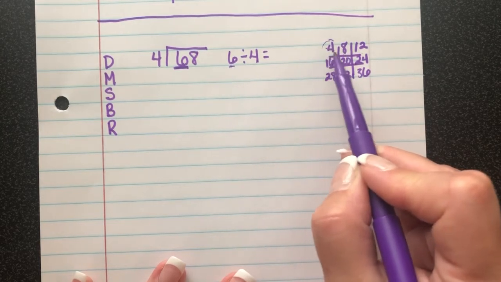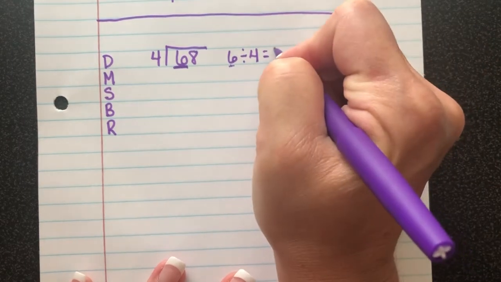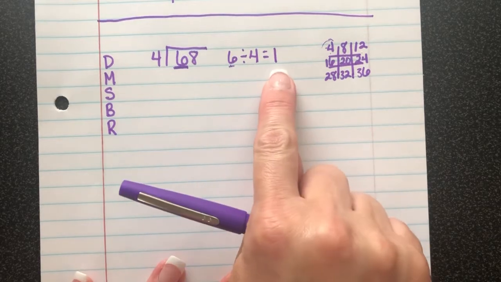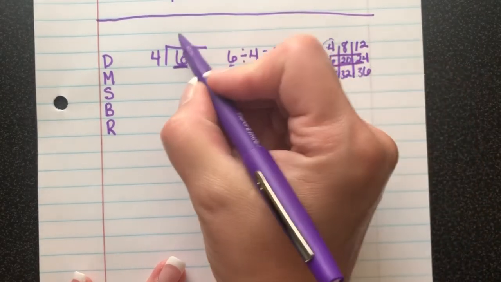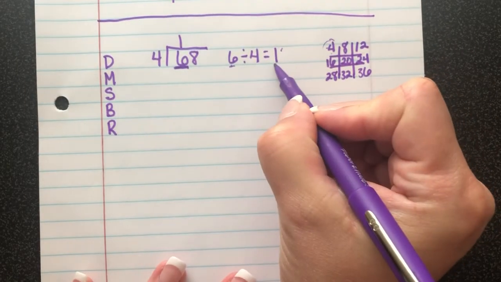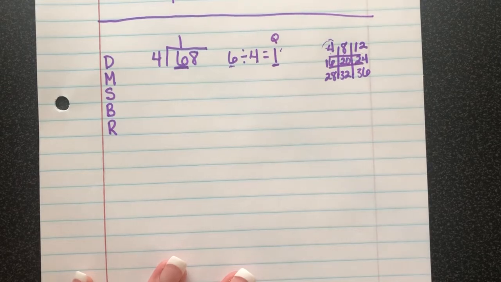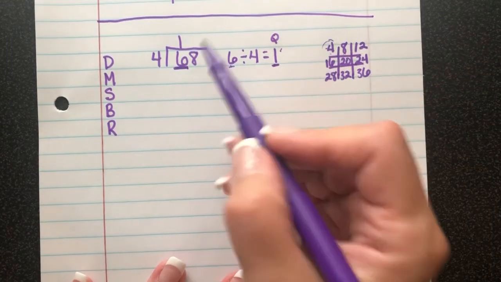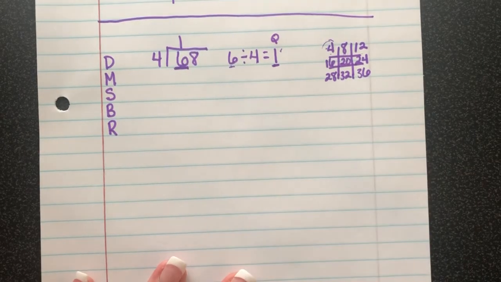I can only use 1. So I'm going to put my 1 right here, and it's going to go up here because this is a quotient. All of these are quotients over here, and we're going to be writing some more in a minute. Quotients always go on top of the house.